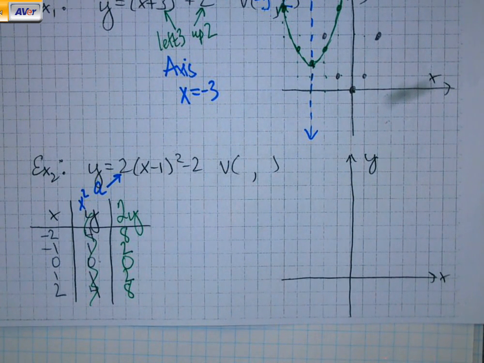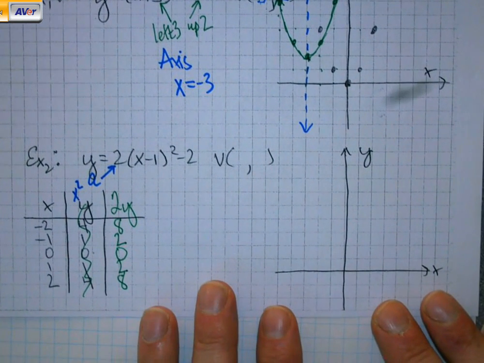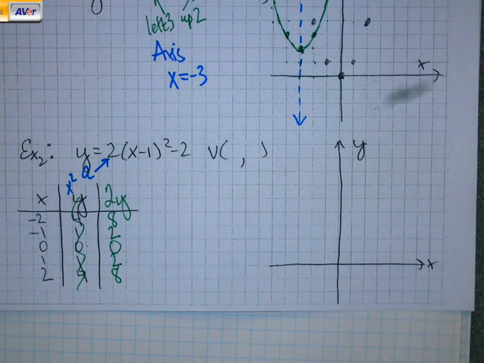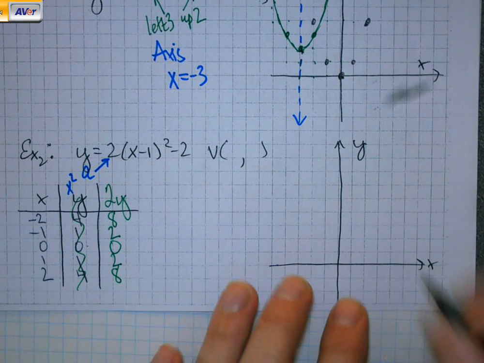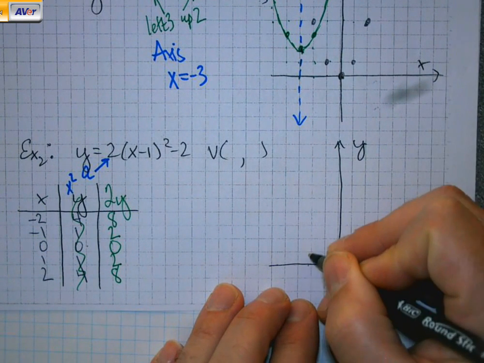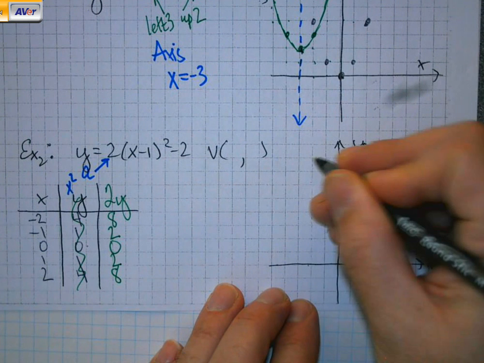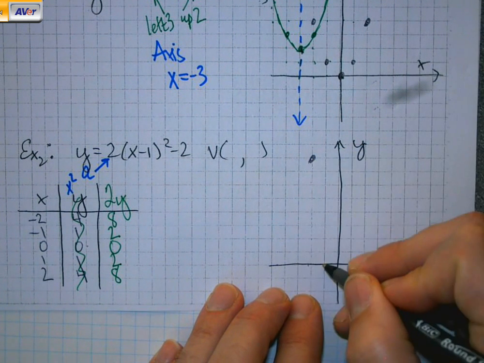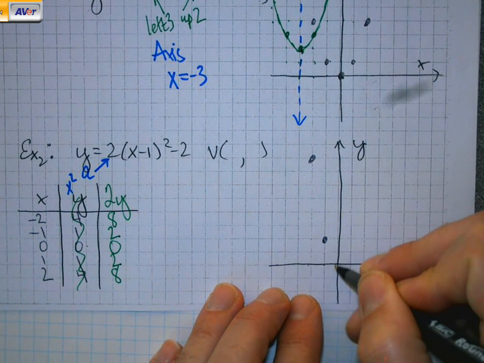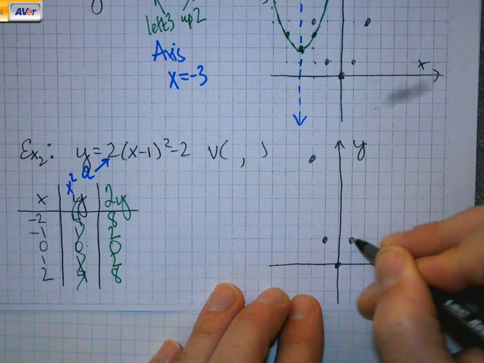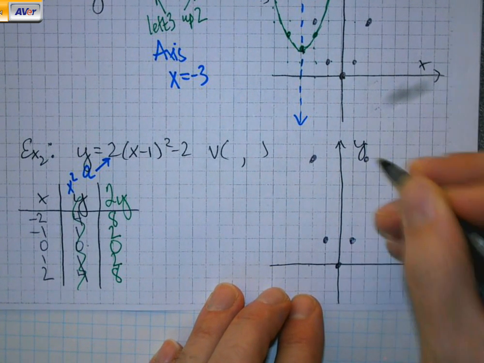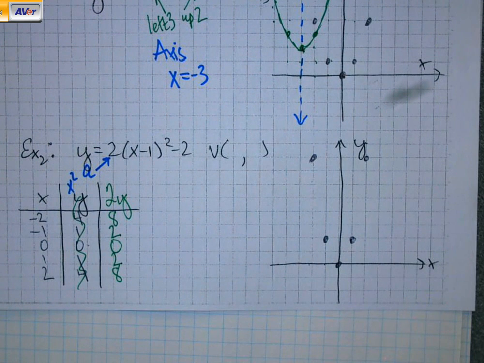Again, parent points. If you're using the calculator, which I'm going to show you after this, you wouldn't do this part. So negative 2, 8. Negative 1, 2. 0, 0. 1, 2. And 2, 8. Again, parent points don't get connected. And so then what I would do to get my actual graph is I got to do the shifting.